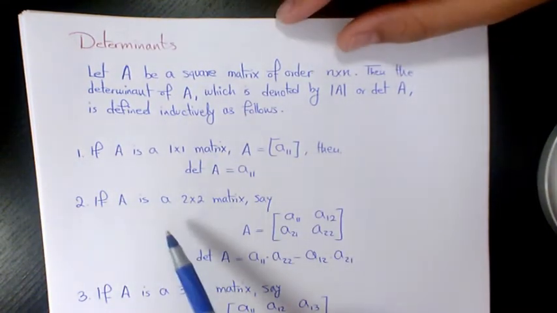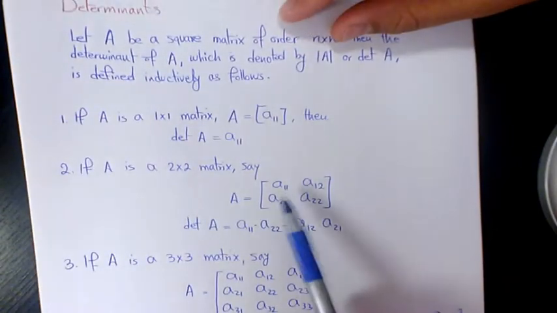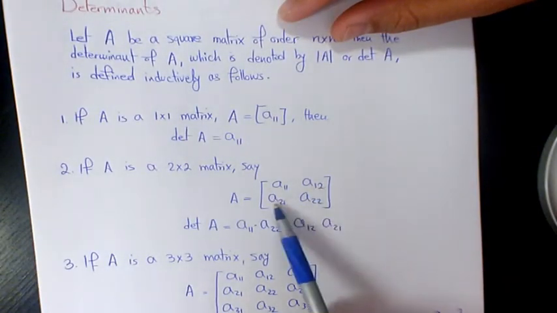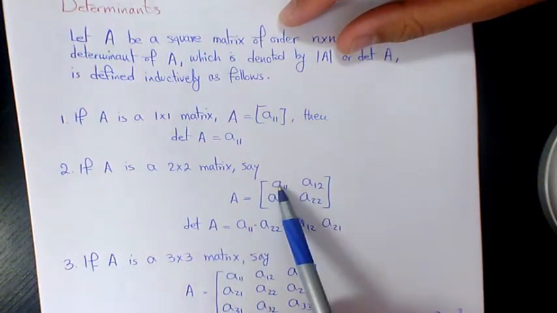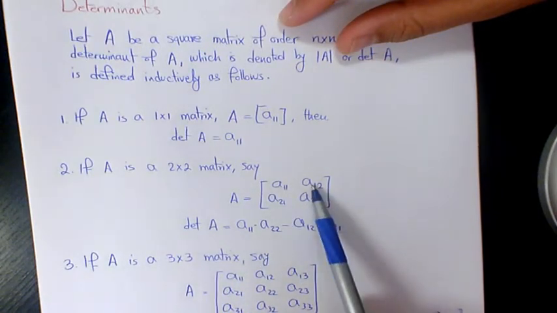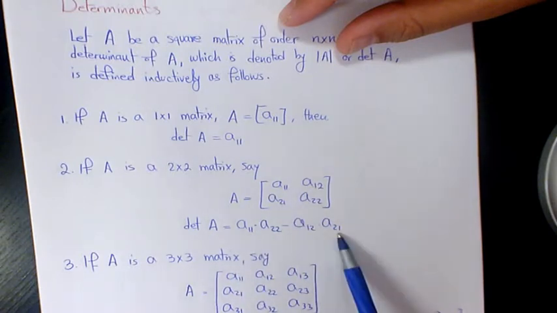If this matrix is 2 by 2, for example here we have A11, A12, A21, A22, the determinant is going to be A11 times A22 minus A12 times A21. So this times this minus this times this.